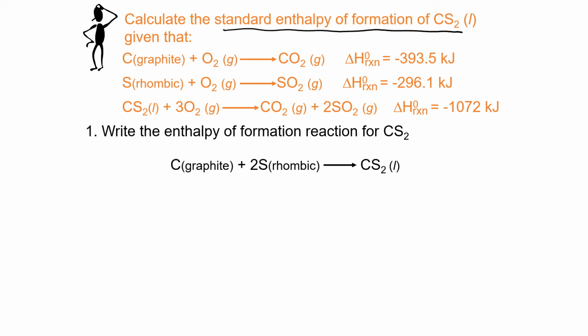CS2. So this is our formation equation for CS2 liquid. C graphite plus 2 S rhombic. We have a 2 in the product, so we have to have 2 moles of S here.